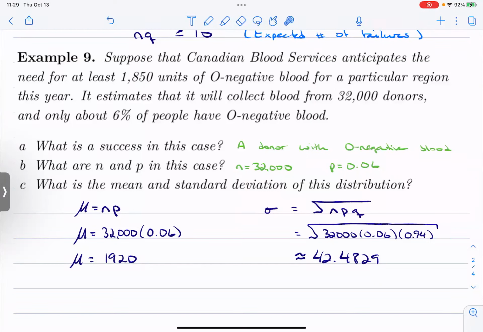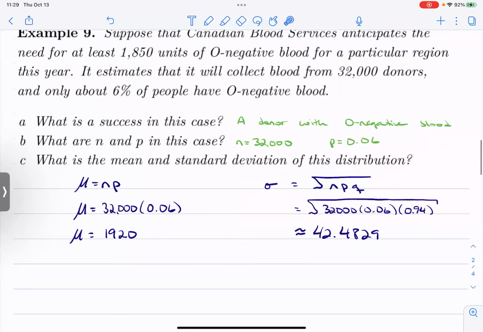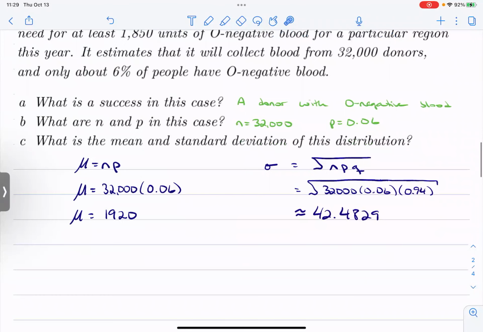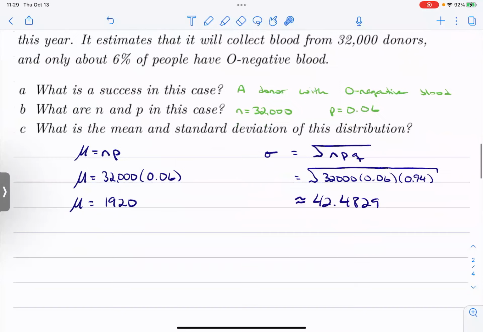And so remember the 68, 95, 99.7 rule. If I move 2 standard deviations away, I've covered the central 95%. Oh, it's all coming back to me. So far, I'm feeling pretty good about this meeting this quota, but we need to find the probability eventually. All right.